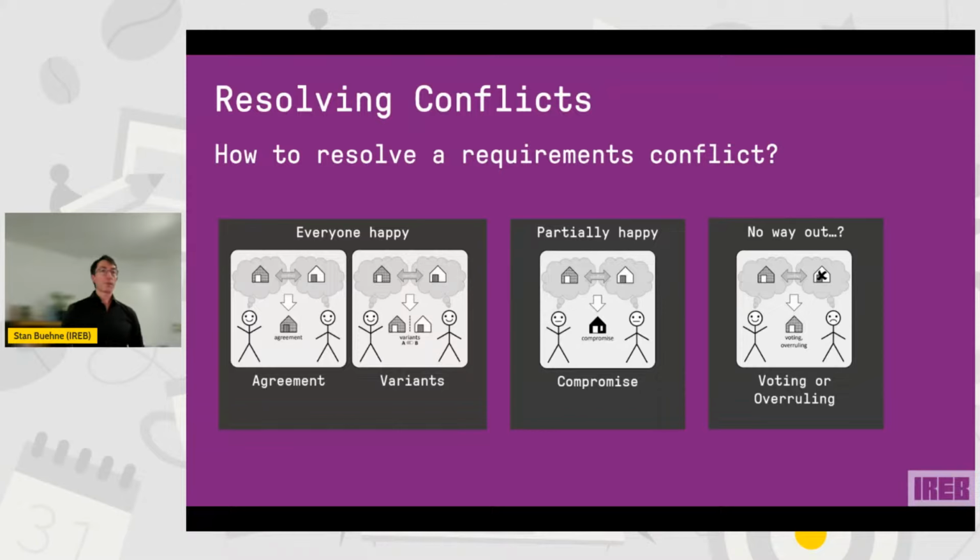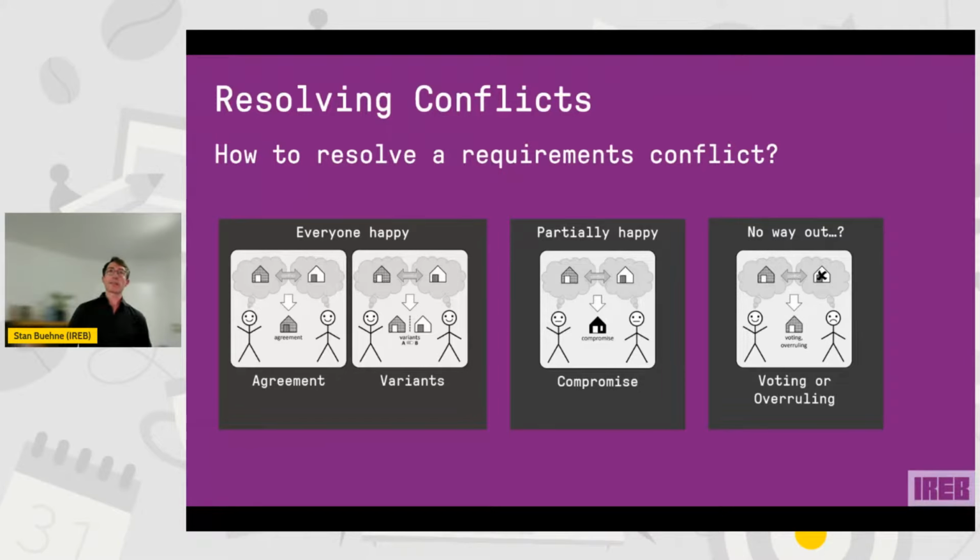Another example could be if we say, hey, there is no way out, I cannot find a compromise, I cannot find an agreement, I cannot build variants because I don't have time, whatever, then maybe one solution could be that one group wins and the other somehow loses, and the technique could be voting.